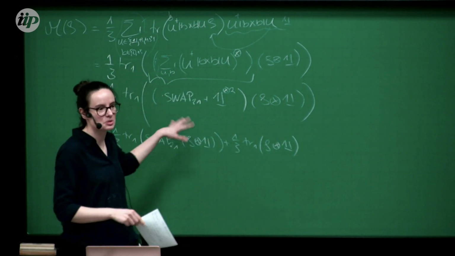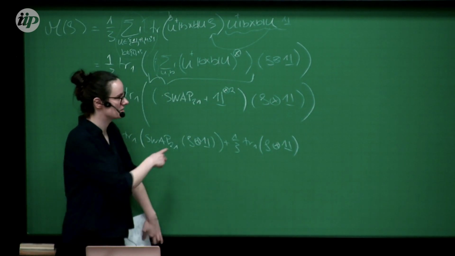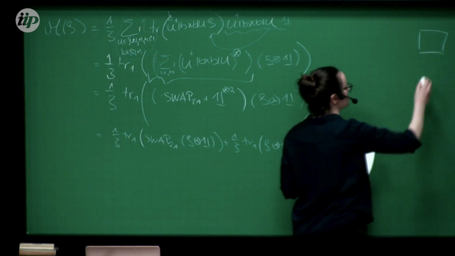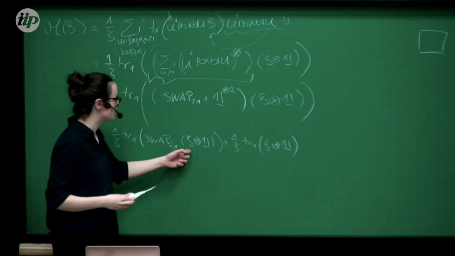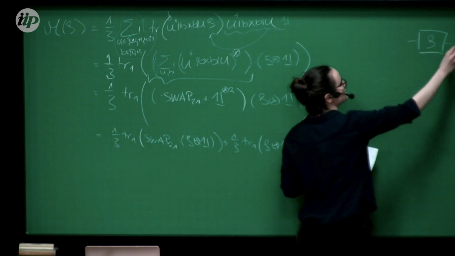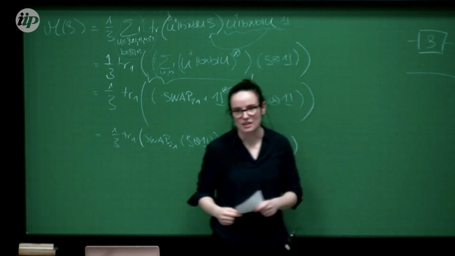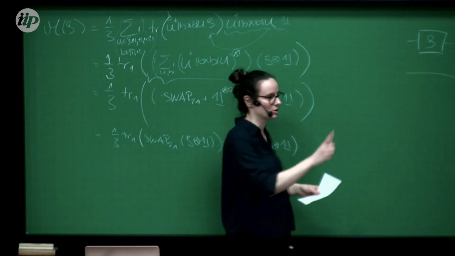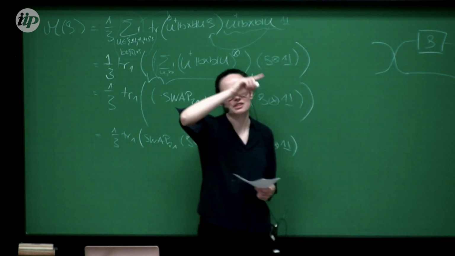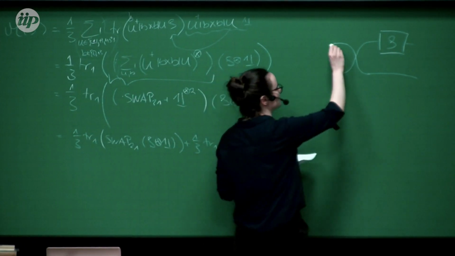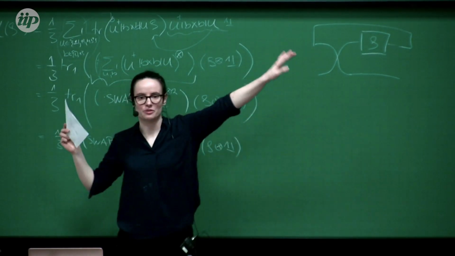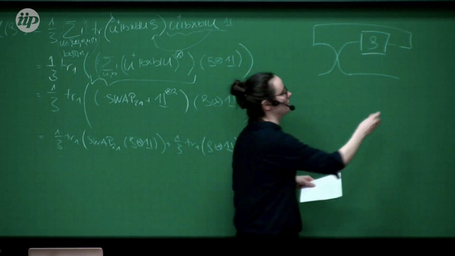And I know it's a bit trivial now, but I just want to show it in our diagram language. So again, here we have rho tensor identity on the right. Then on the left, we have the swap operator. Now we know how it looks, right? Loop, loop. And we take the trace over the first subspace. And this is exactly the same expression that we had before. So this is just rho.